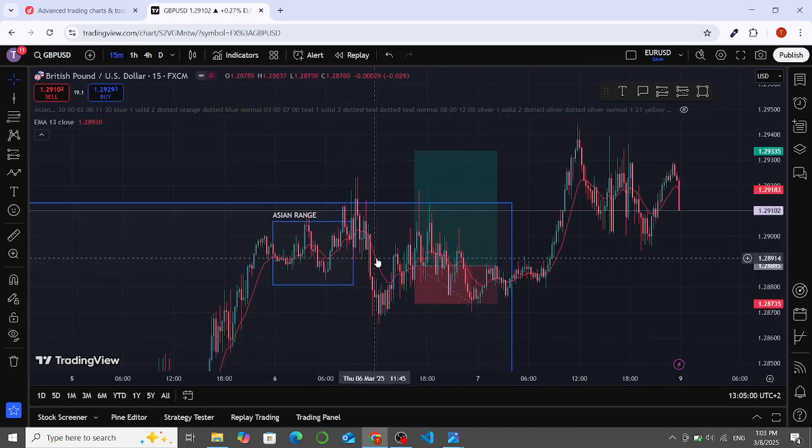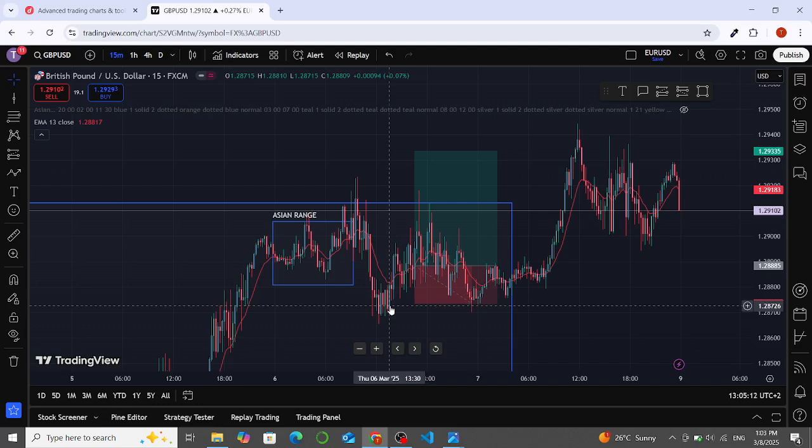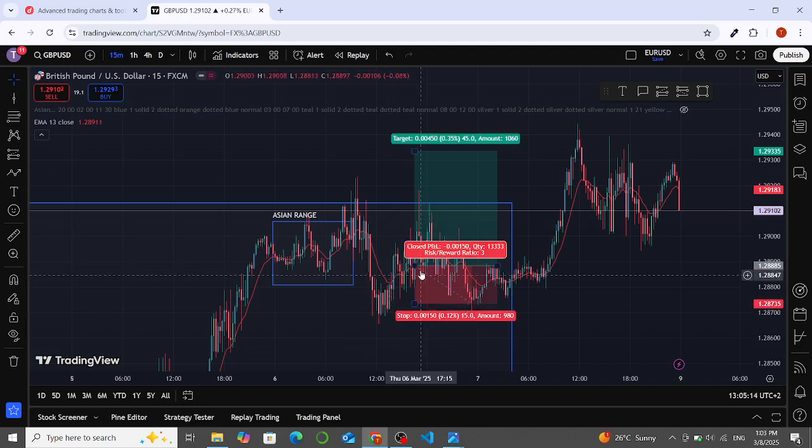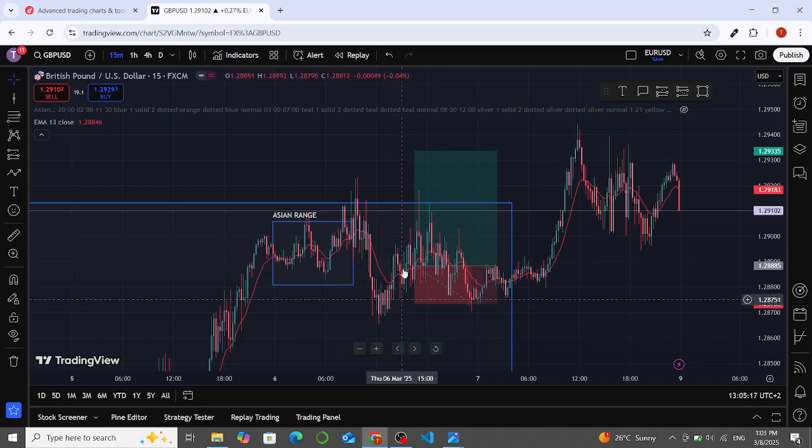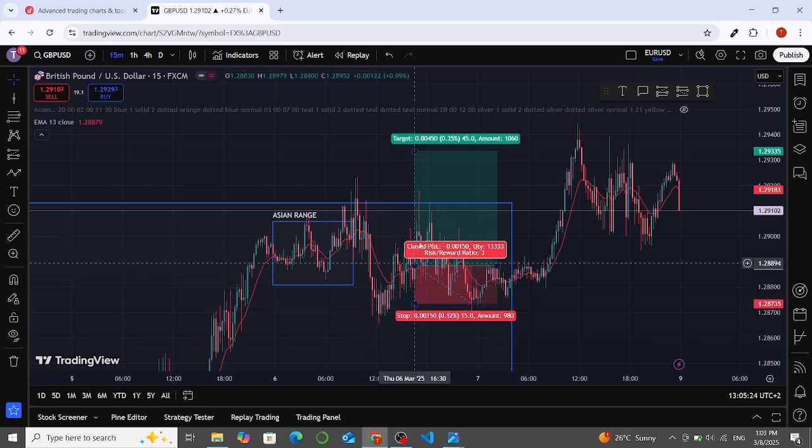We had our Asian session range consolidation, pretty much, and we had a stop hunt. And remember from our intraday questions, that's a tick. The second question was, this is the first leg, as you can see, a close above the 13 EMA. So I was waiting for another close above, and I waited for the retracement to the 50% of this shift candle. So there it was.